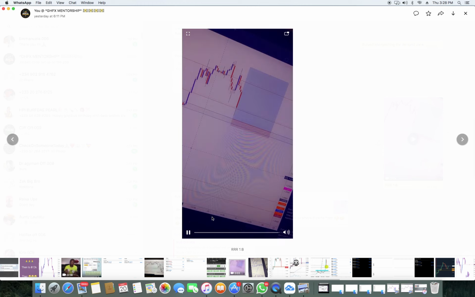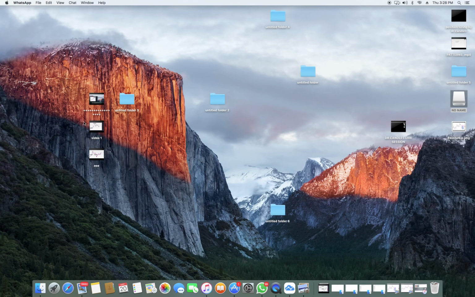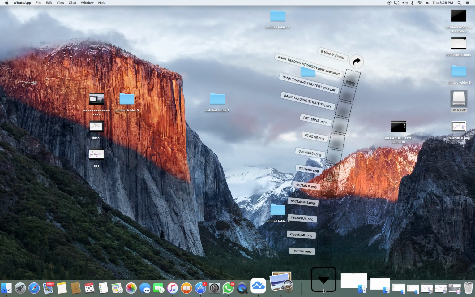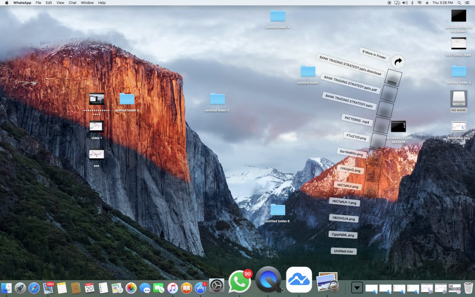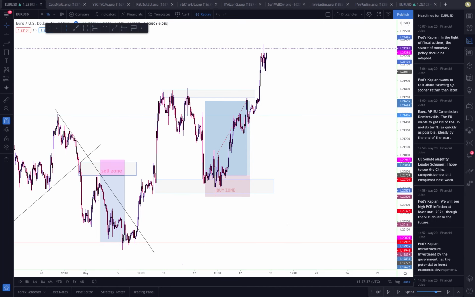So yesterday around 6:30, I gave this setup here on this EURUSD, right? So this was the entry, the stop loss, risk to reward ratio 1:8. So let's go back to our trade. So let's continue.